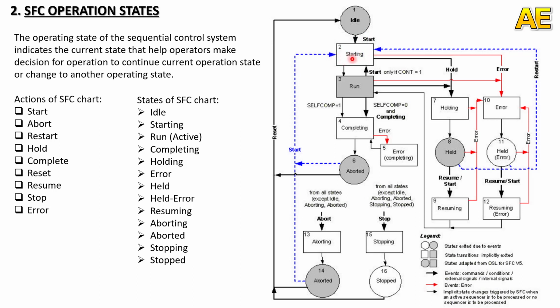And after a certain time or when the transition condition is true, the state will change to run here. After running, the process will change to completing here with a true transition condition between the step run and completing. We will have the transition here.